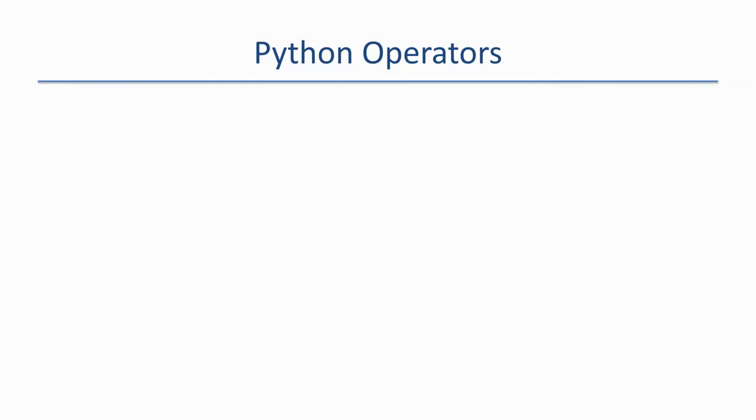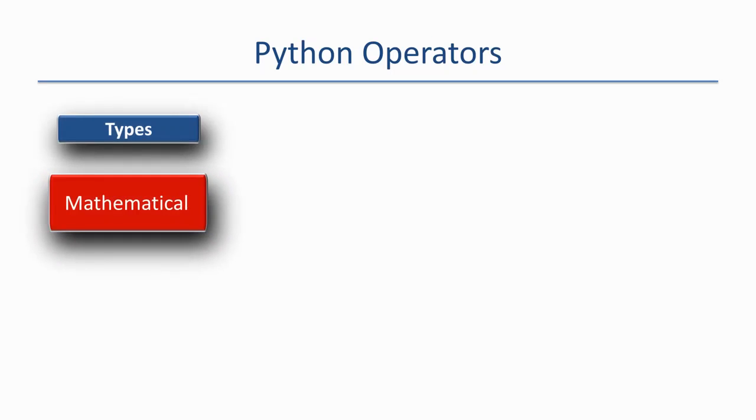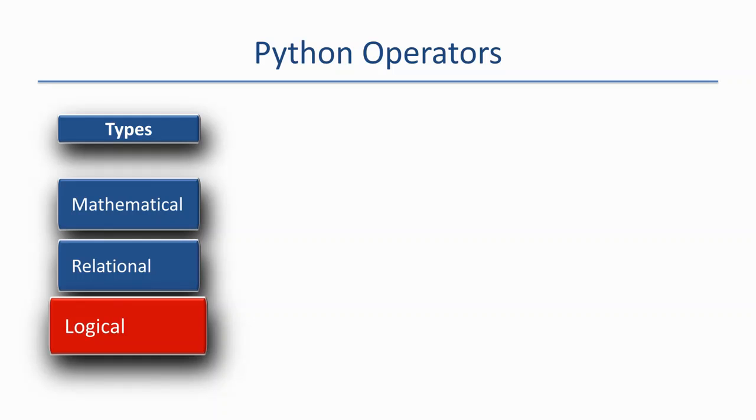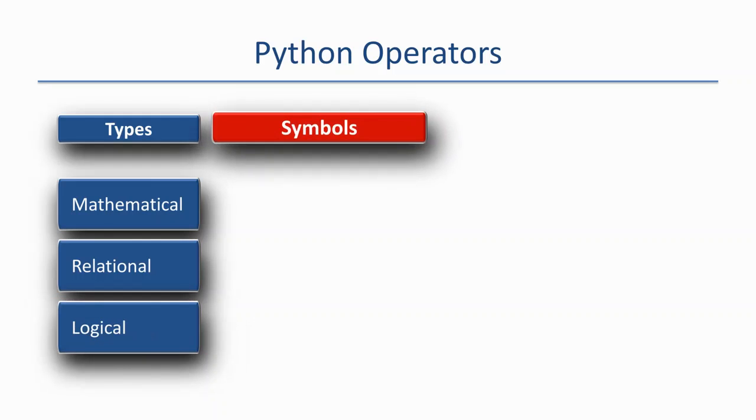There are different types of operators in Python. Let me start with the most popular and the simplest ones. There are mathematical operators, there are relational operators, and there are logical operators. Each of these operators use different symbols.